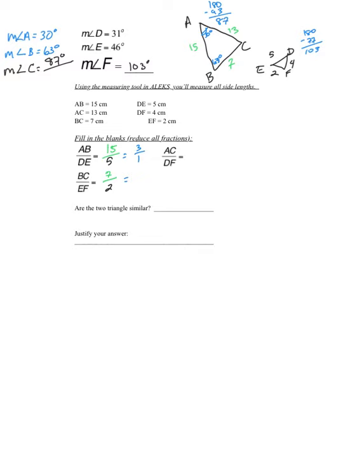That equals 7 over 2. Interesting. AC is 13. And the measure of DF is 4. And that equals 13 over 4. You can't reduce it.